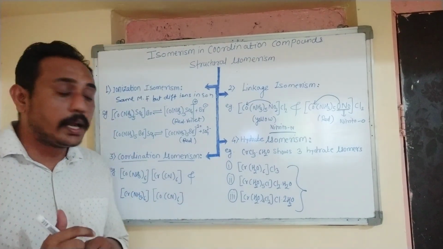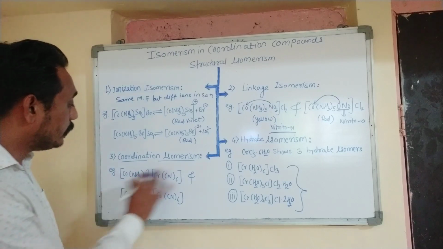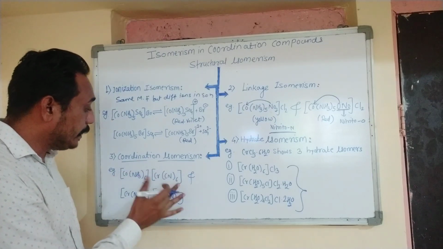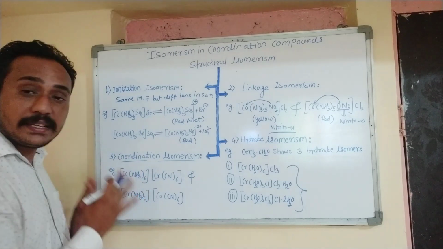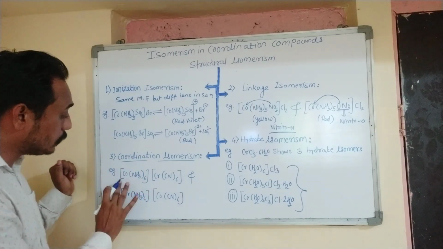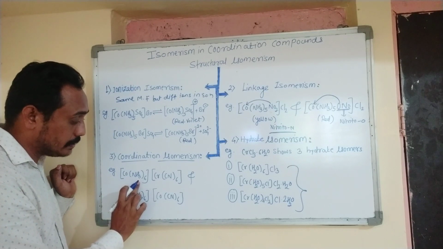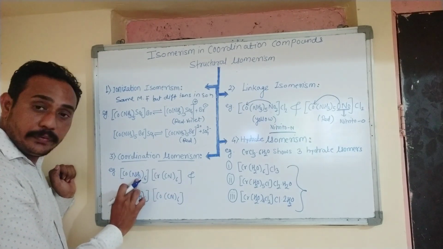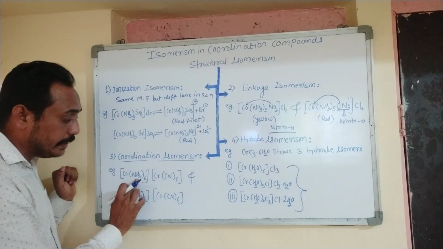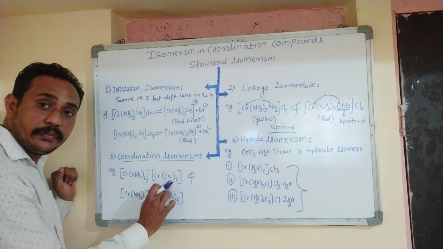Now next one is coordination isomerism. In coordination isomerism there is an exchange of ligands between the cationic and anionic species, attached to the different metals present in the complex. So here in this complex, [Co(NH3)6][Cr(CN)6], cobalt coordinates with the NH3 ligand and chromium coordinates with the CN ligand.